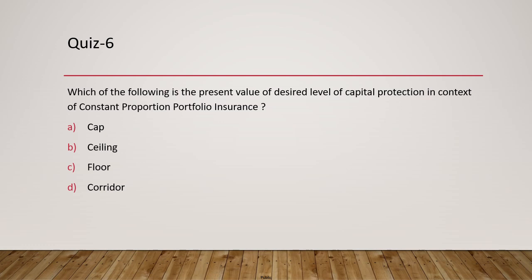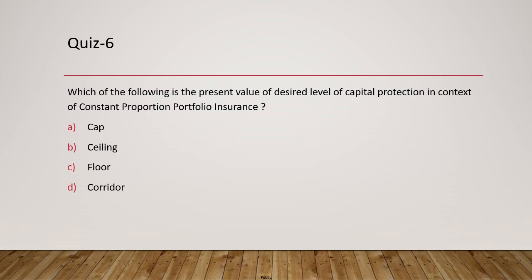So which of the following is the present value of the desired level of capital protection in the context of constant proportion portfolio insurance? This concept of constant proportion portfolio insurance helps you to insure portfolio value against falling below a particular level. And the floor is what is below our feet, typically.